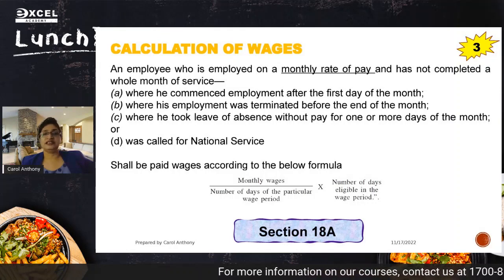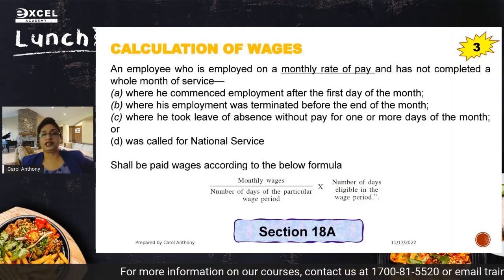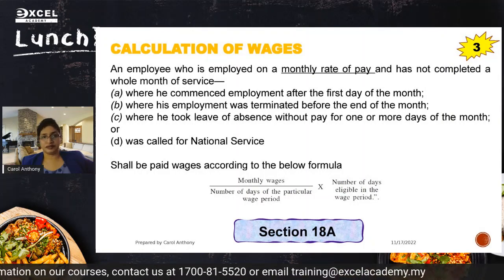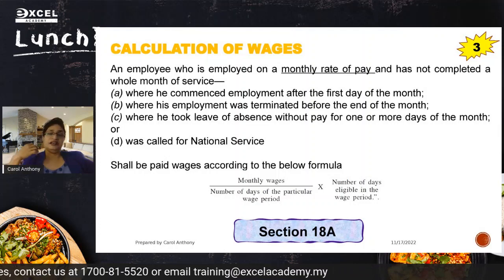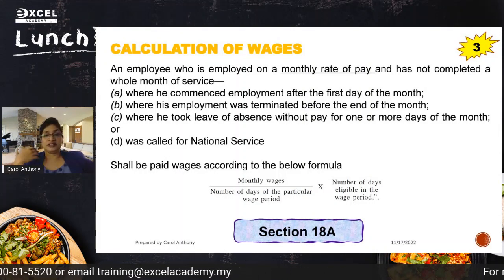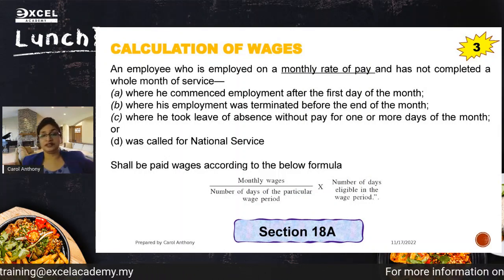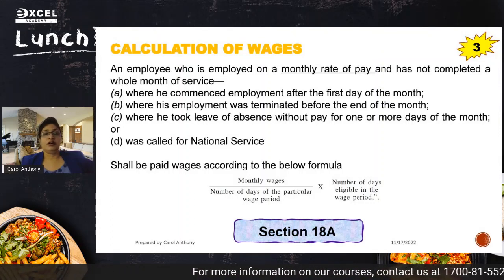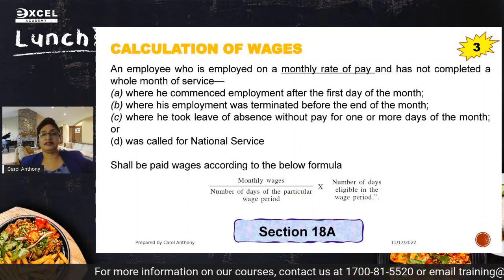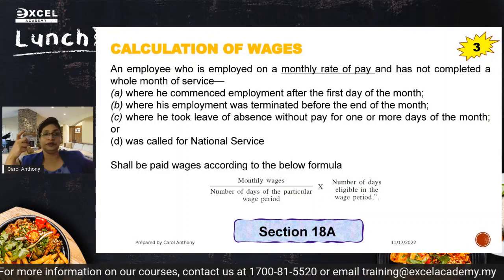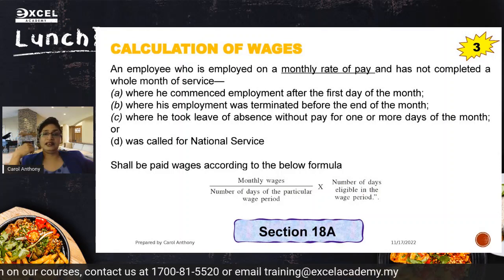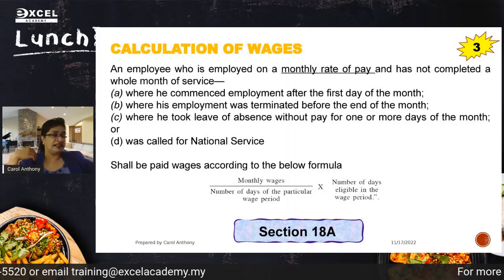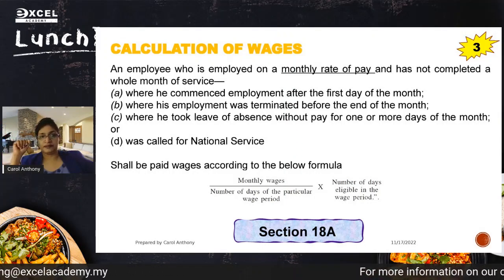This calculation is for an employee who is employed on a monthly rate of pay and has not completed a whole month of service. He may join in the middle of November, maybe not on the 1st but on the 10th of November. Or he resigns without completing a full month, say he decided to leave on the 15th of November.